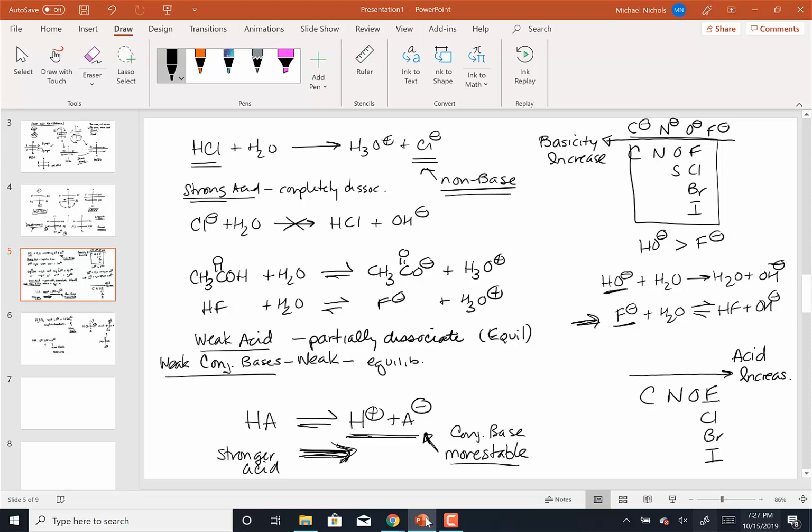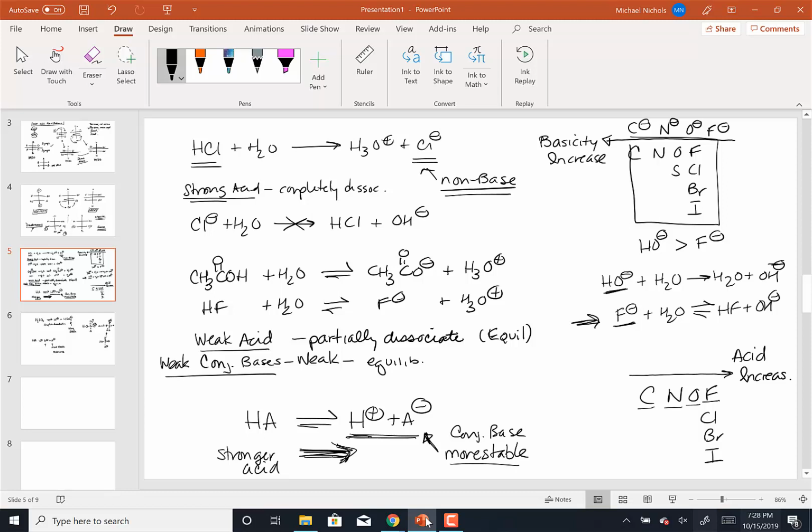HF. HF is stronger than water, stronger than ammonia, NH3, stronger than methane, CH4. So as you go across the periodic table or in a horizontal direction, going from left to right, acidity increases. Going from right to left, basicity increases. Okay? So we need to remember that horizontal relationship of the elements on the periodic table.